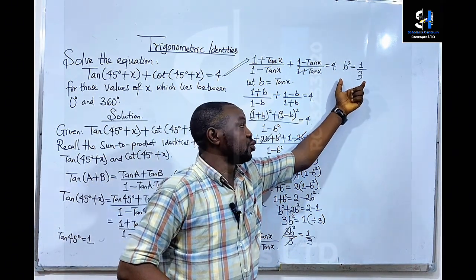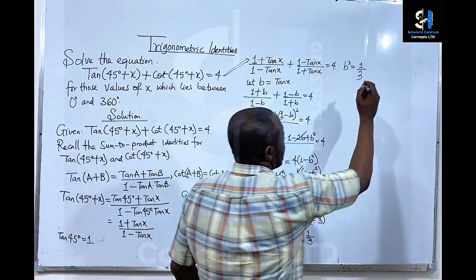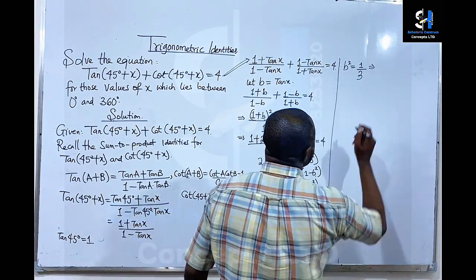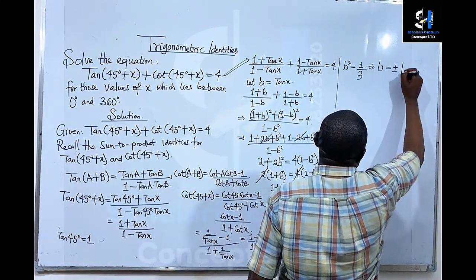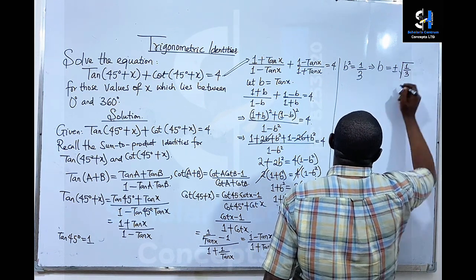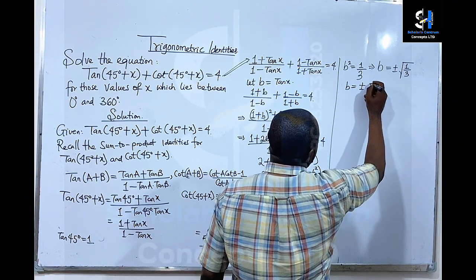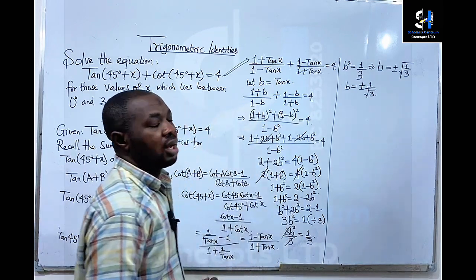Alright, so that means in this case we have a quadratic root. That means we're going to get 2 possible values for b. From here we can say that b equals plus or minus the square root of 1 over 3. That means b will be equal to plus or minus the reciprocal of radical 3.